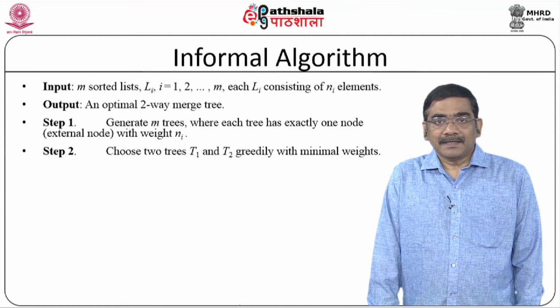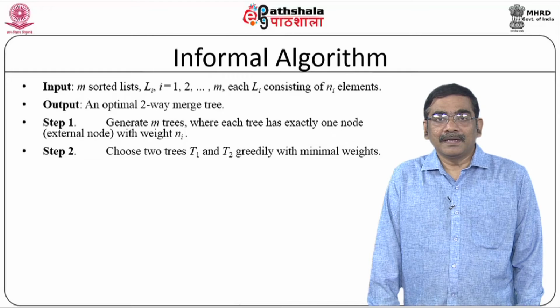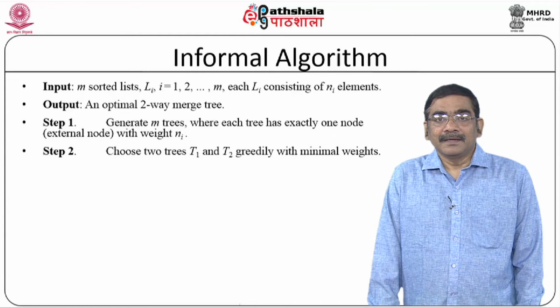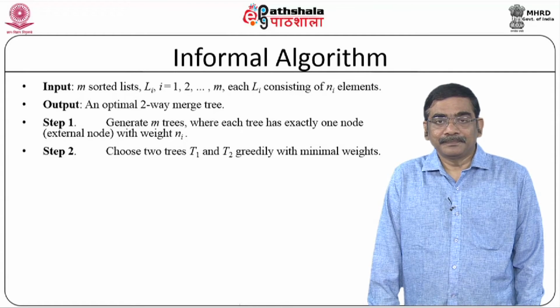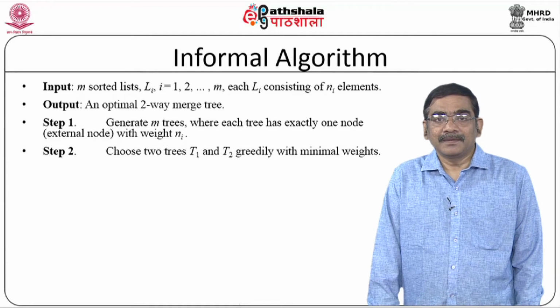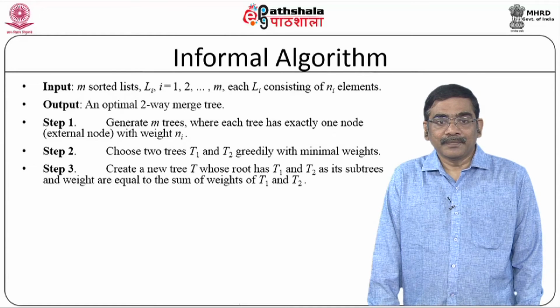As we discussed in the last class, greedy involves local optimal decisions. So, like a greedy man, I can greedily select 2 trees with the minimum weights. As we discussed in the last module regarding the Huffman code, where we selected symbols with the least frequency, here also we can select 2 trees greedily with the minimal weights.